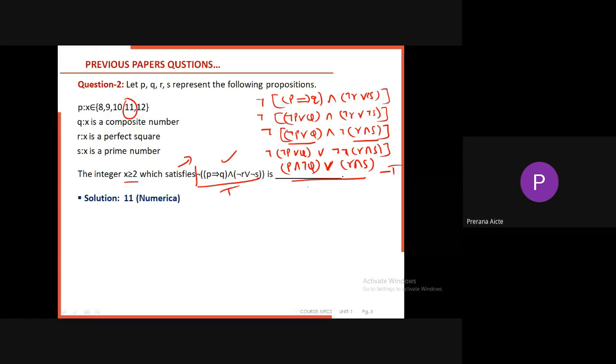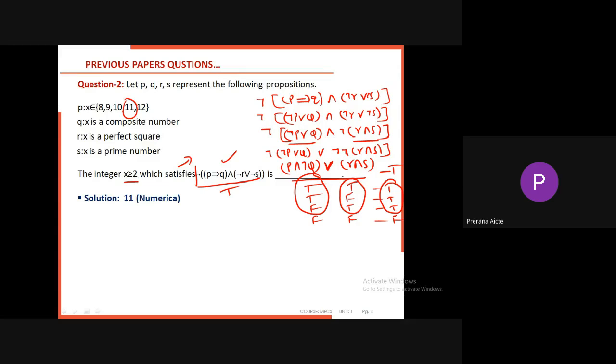That means true, true gives true; true, false gives true; false, true gives true; and false, false gives false. Now we need to get true here, so the first three cases we have to consider.